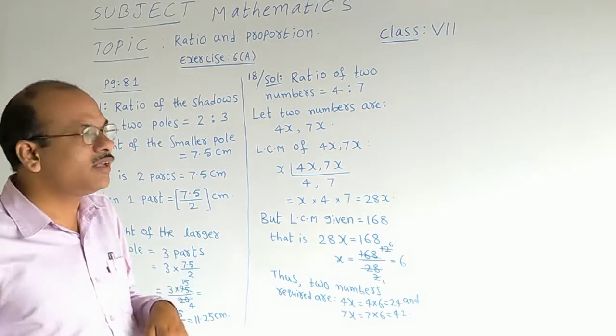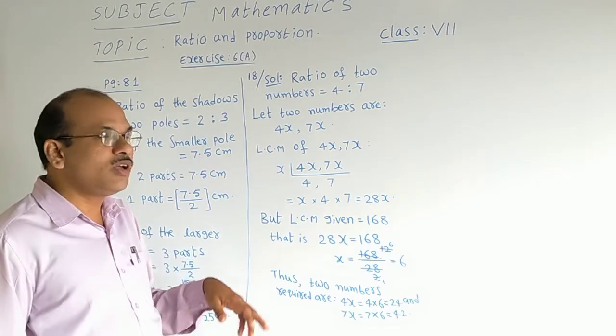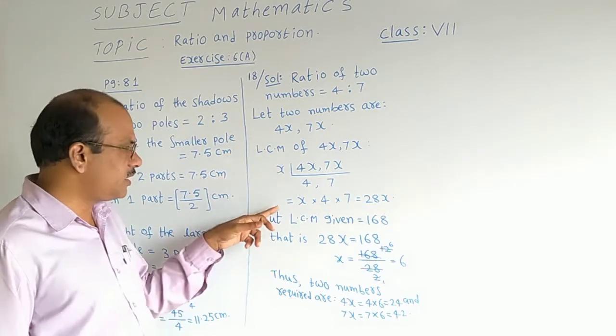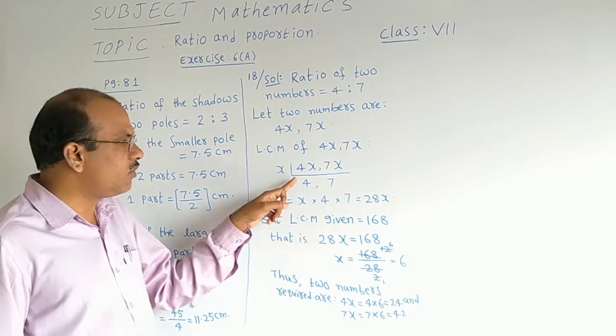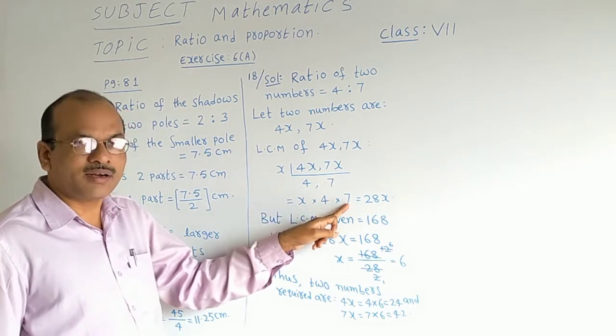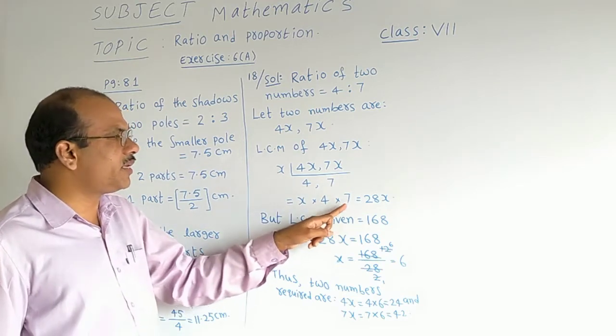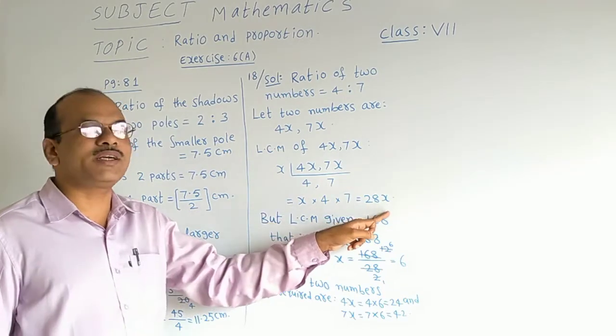Now 4 and 7 are left. No more common factors. Now we want to find the LCM. That is why I have written x into 4 into 7. Clear now? Then 7 into 4 is 28, and 28 into x is 28x.